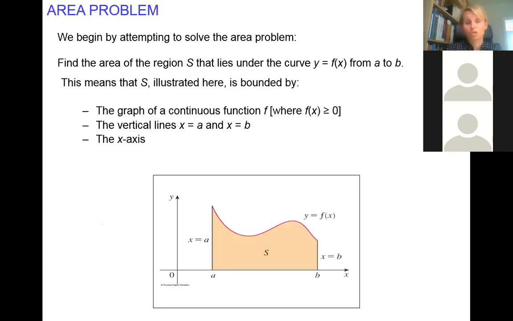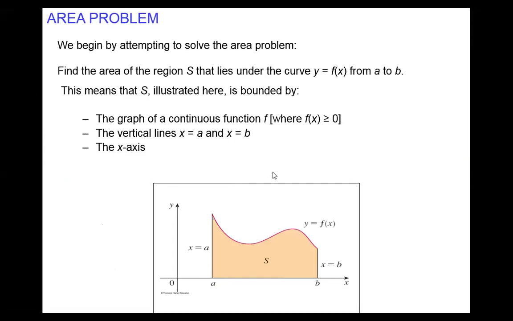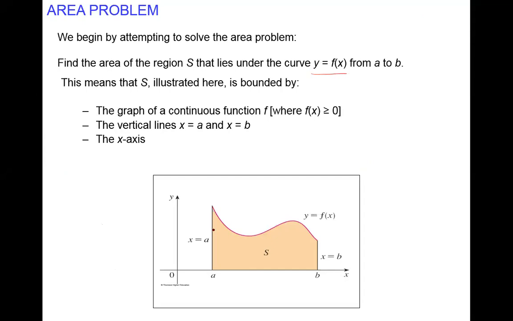We have a function f of x, and at the moment the function f of x is just above the x-axis, positive, because we don't want to involve negatives at the moment.